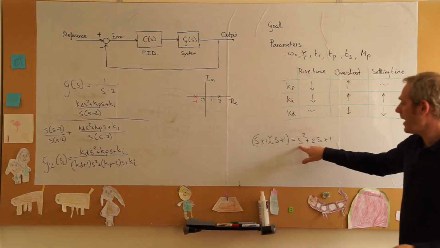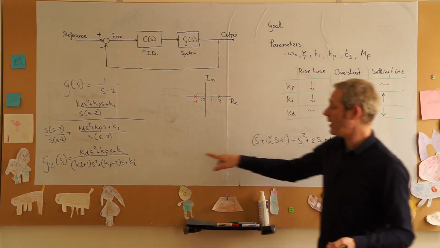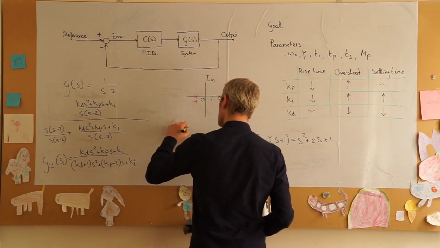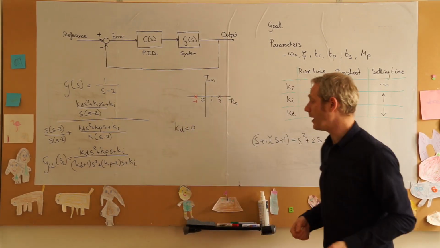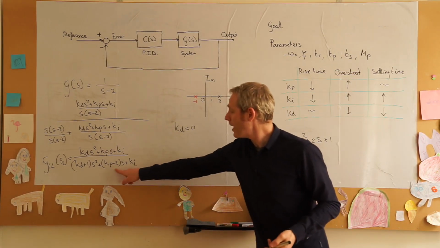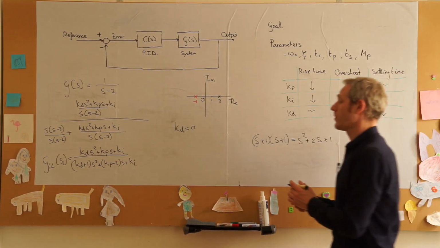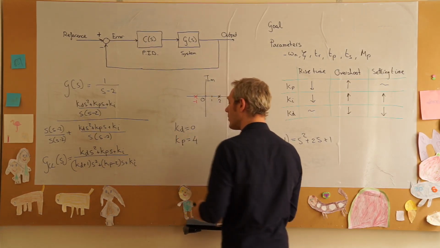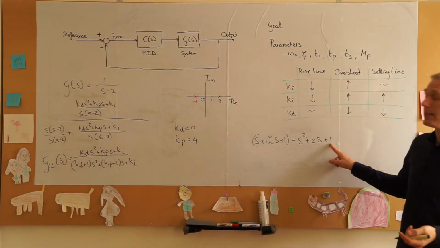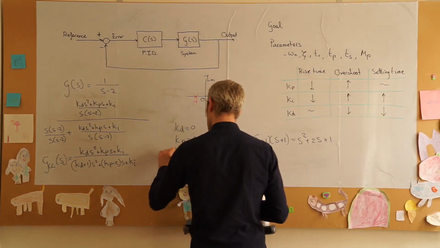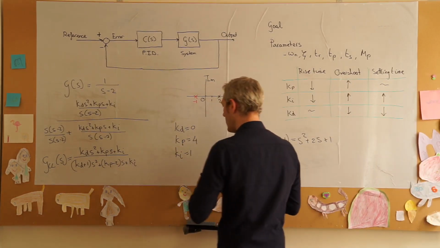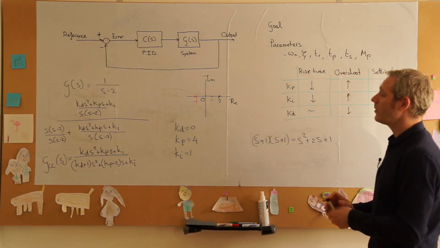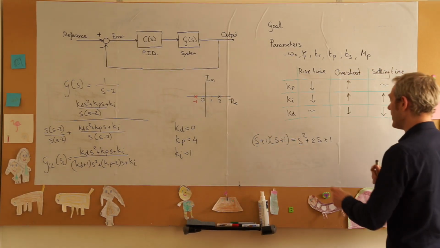Well, to ensure that we have a coefficient of 1 for the s squared, we need that Kd apparently is 0, so we have no derivative part. Kp minus 2 must equal 2, so Kp, our proportional gain, is equal to 4, and our Ki must equal 1. If we apply this PID controller, we will get the exact behavior that we want.